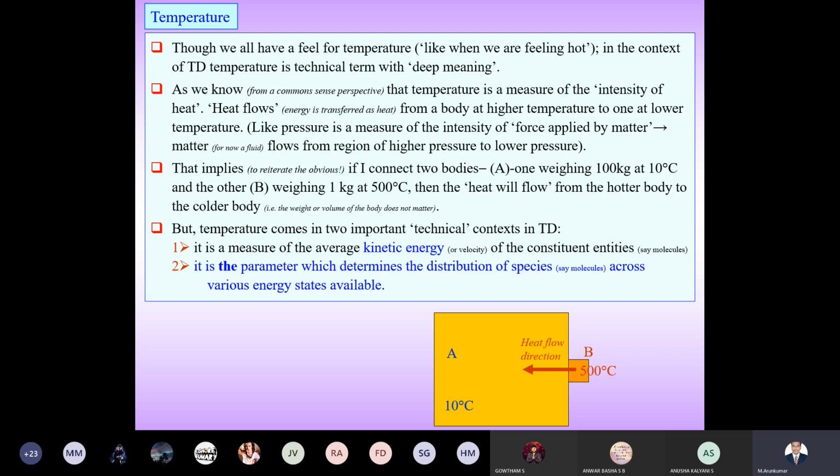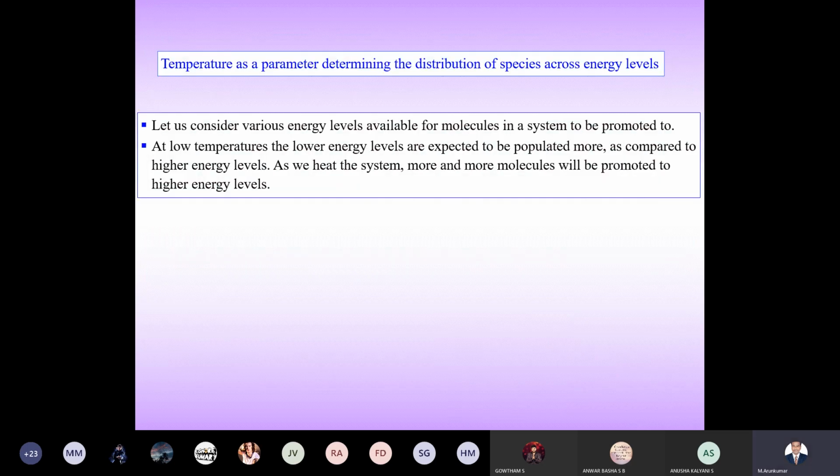So just consider the microscopic approach: microscopic changes in the molecules cause the temperature changes. Then temperature as a parameter determining the distribution of molecules across energy levels can be assumed. Let us consider various energy levels available for molecules in a system to be promoted to. At low temperatures, the lower energy levels are expected to be populated more as compared to higher energy levels.